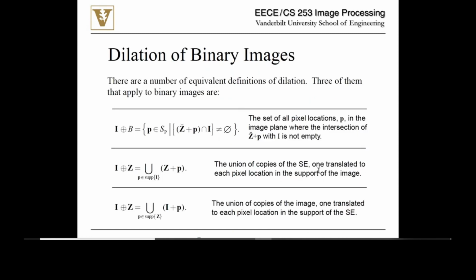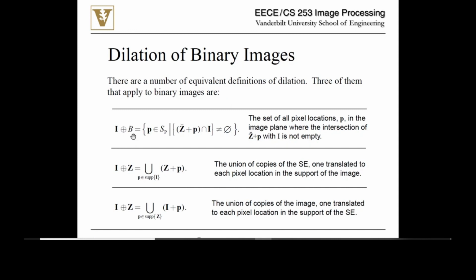And we will define this operator in 3 different ways. And actually, this is very much the same as what we can do with the convolution. So you can think of the dilation as a convolution, more or less. Okay, so let's see how it is defined. We have a first definition.